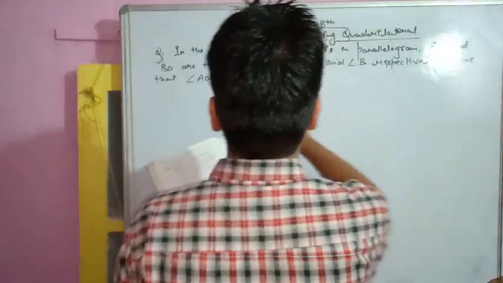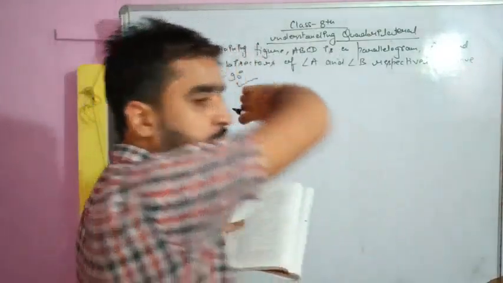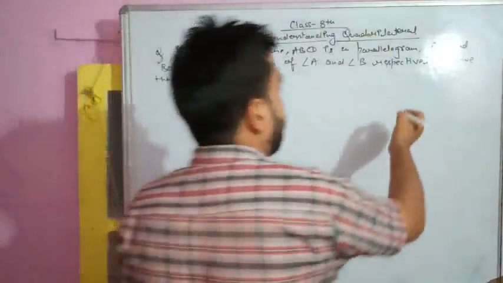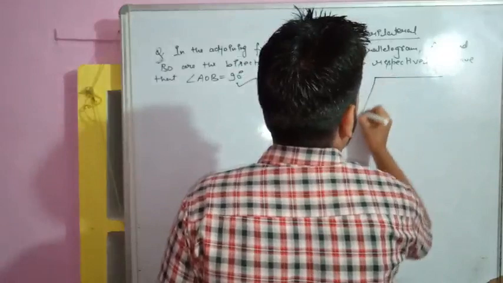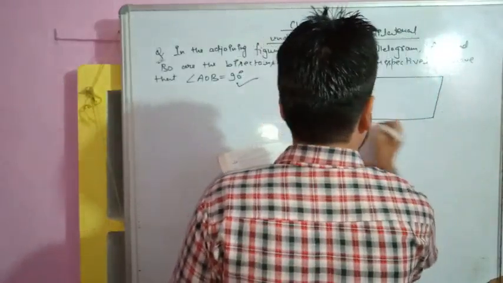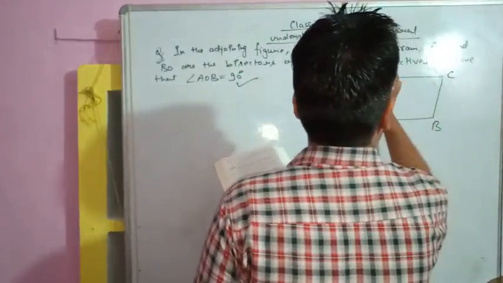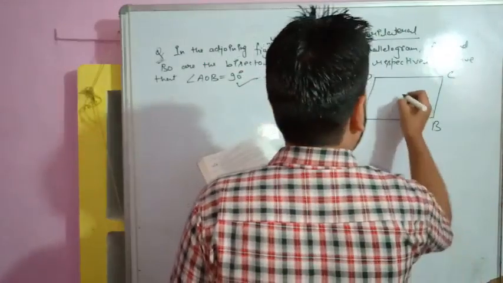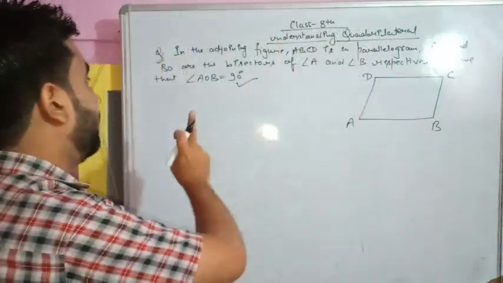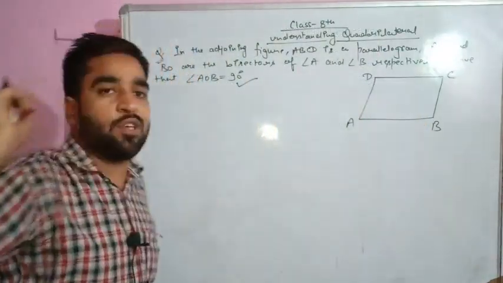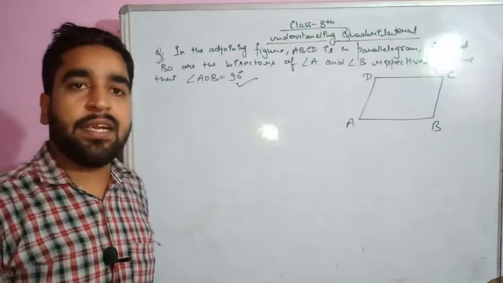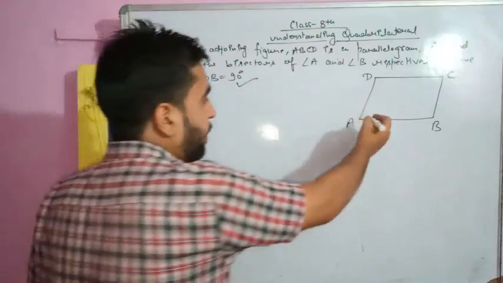Figure is given to us. In the adjoining figure is already written, so the figure will be given to us. Let me draw the figure. So that's the figure which is mentioned. ABCD is a parallelogram. AO and BO are the bisectors of angle A and angle B. Bisector means the line which will divide the angle into two equal parts.